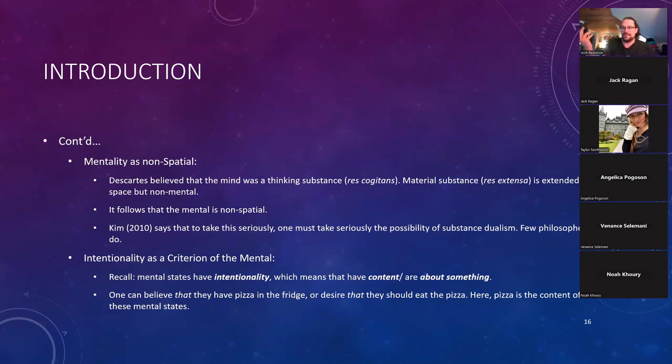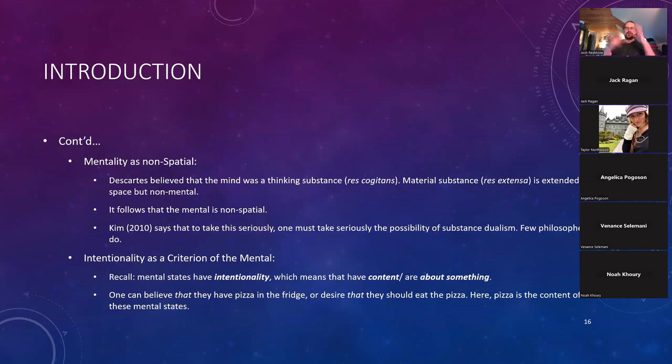Whether it is raining right now is what my belief is about. So mental states have content. Same with perceptions. I perceive this coffee cup in front of me. Well, that's the content of my perception. If I desire pizza for breakfast, pizza is the content of my desire, right?